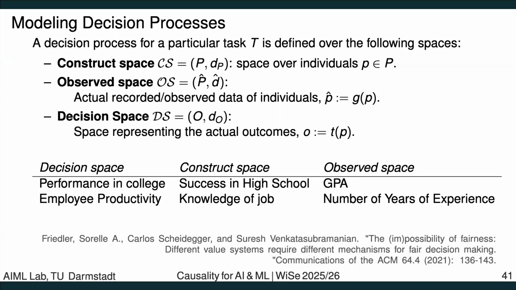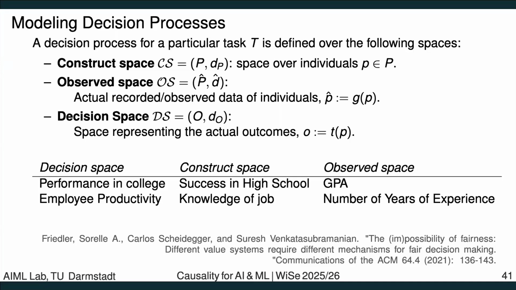The same thing holds if I want to know if my employee will be productive. Maybe I want to take a decision over the knowledge of the job that he or she has, and maybe an observed number that we can easily get is the number of years of experience in that job.